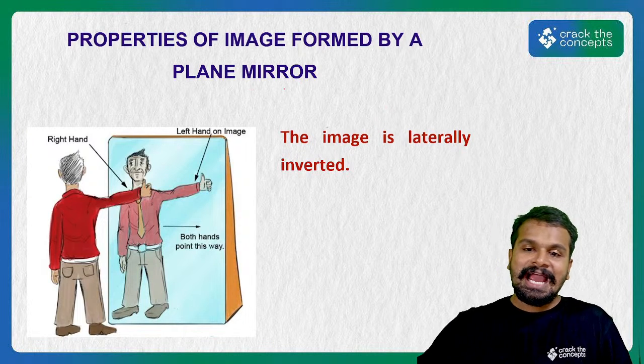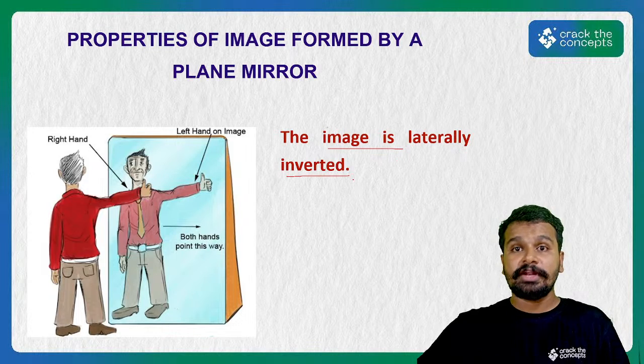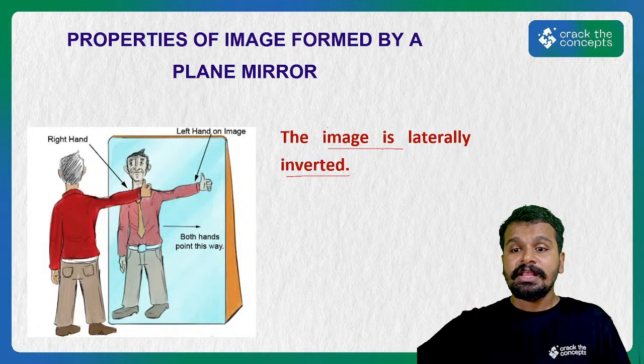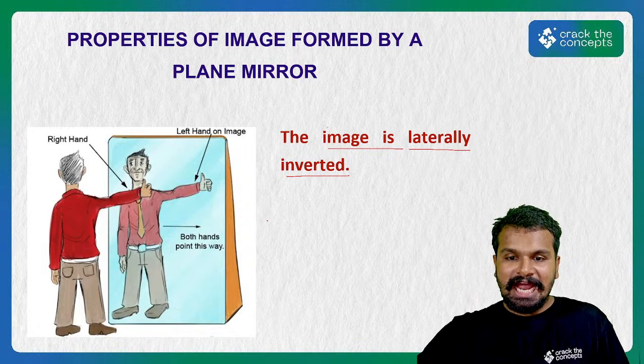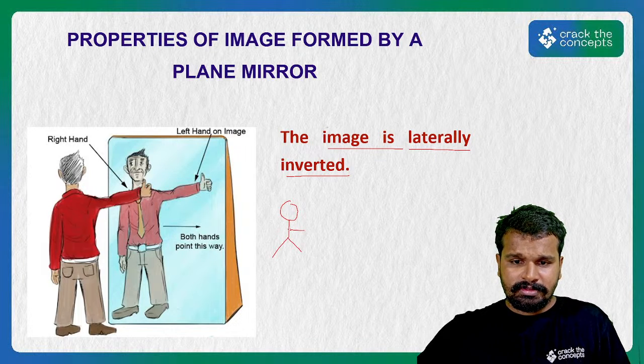Next, the image is laterally inverted. The image is laterally inverted. You already know what is inverted. Inverted means upside down. Am I right? Then what is laterally inverted? Laterally inverted means, see what you are doing.